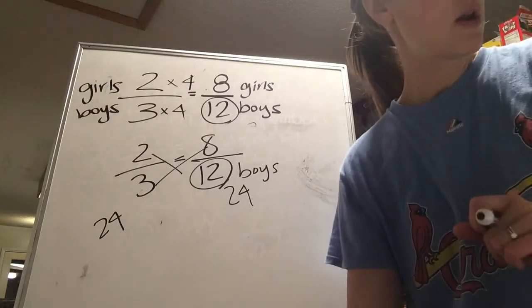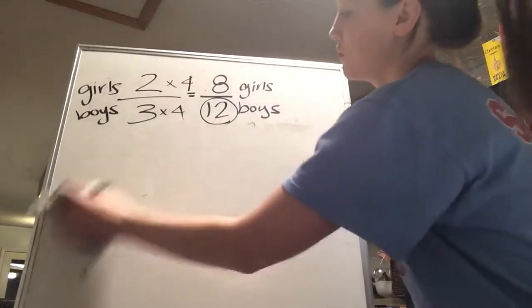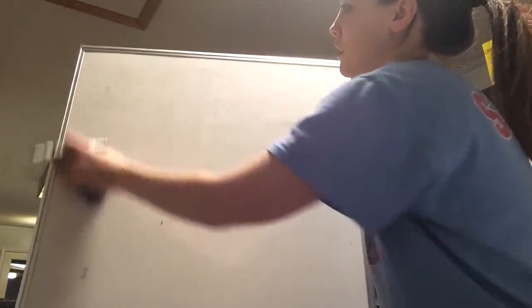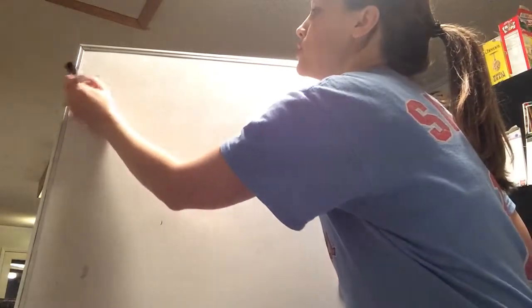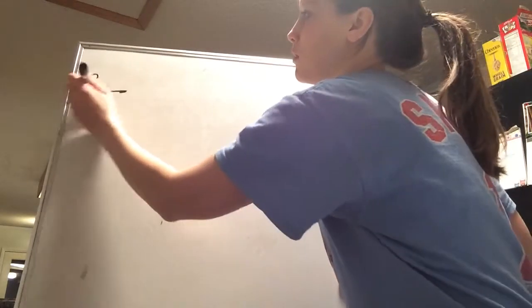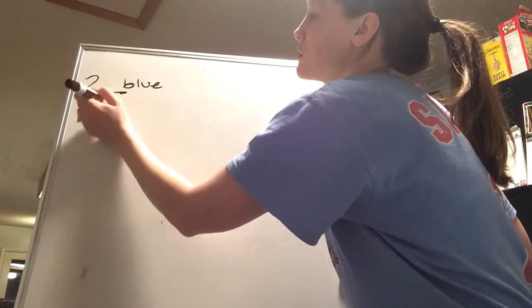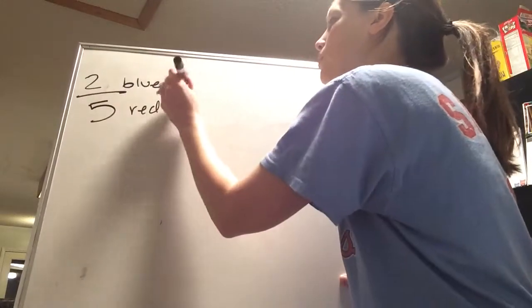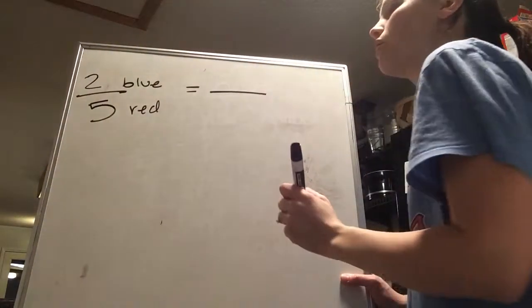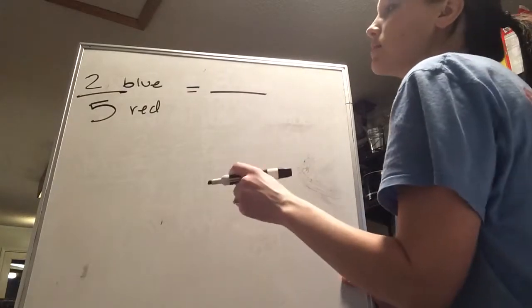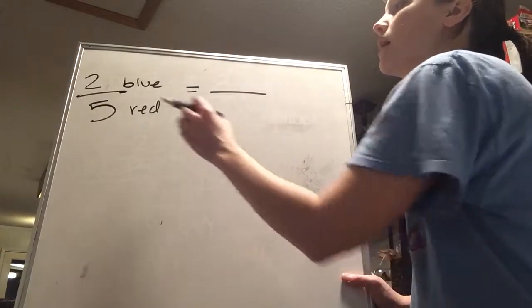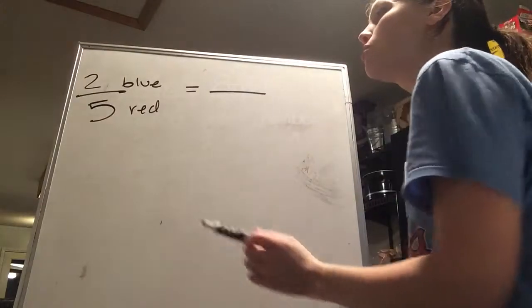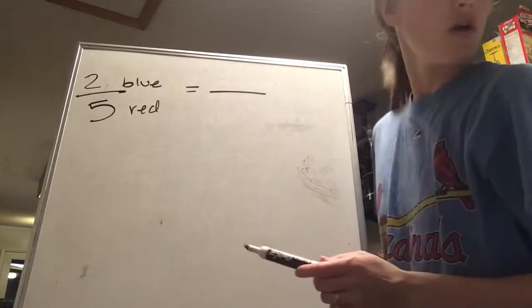So another problem we can look at would be, for every 2 blue cars, there are 5 red cars. Let's say at a parking lot, a pretty small one, for every 2 blue cars there were 5 red cars.